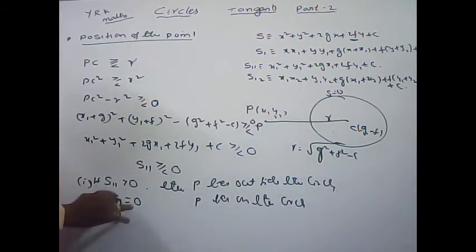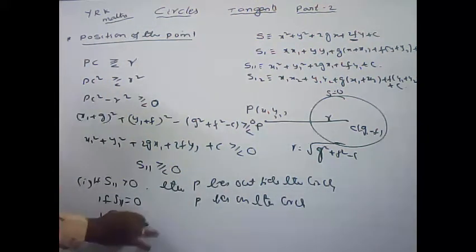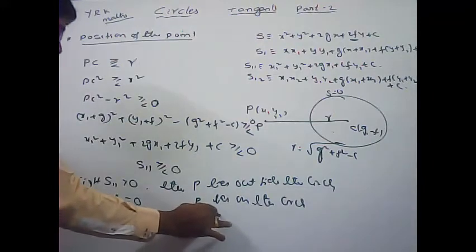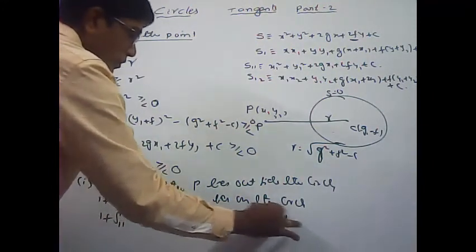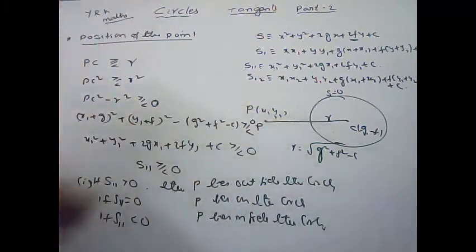If S11 is less than 0, then P lies inside the circle. So the position of the point depends upon S11.